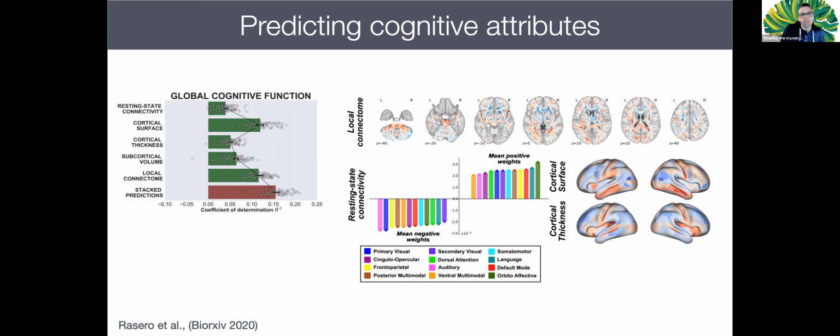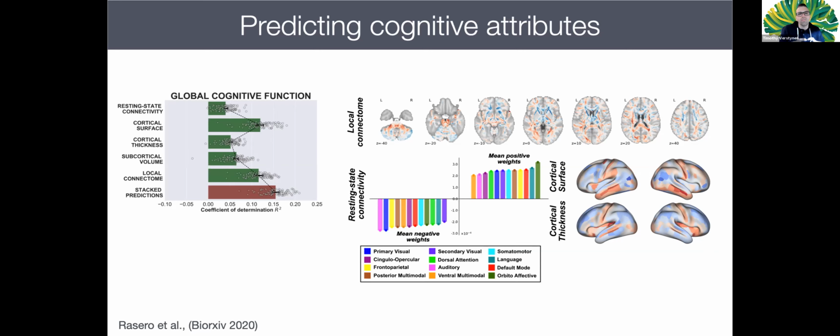And we can generate these beautiful feature maps like you see here, where we find that the local connectome, along with cortical surface area, are two of the most reliable predictors of individual differences in global cognition across individuals, but many different modality features actually contribute.